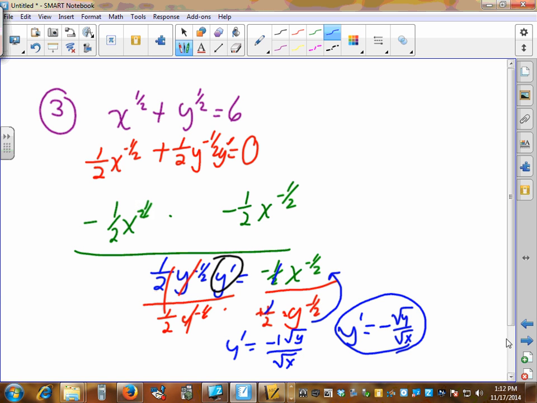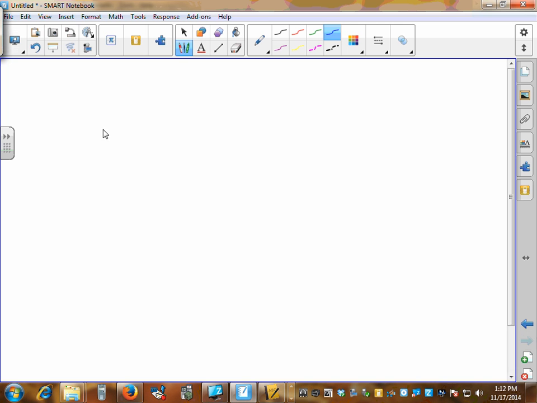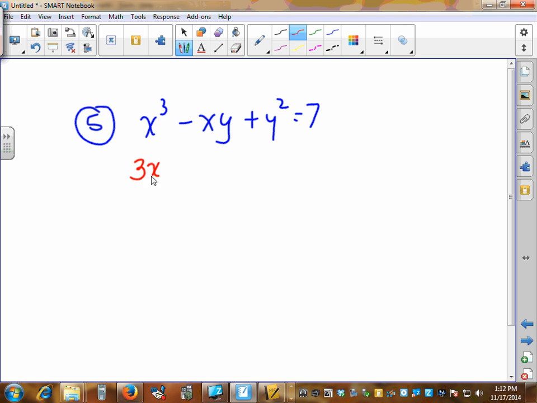And let's do 5. We have x to the third minus xy plus y squared equals 7. So doing our derivatives, that'd be 3x squared.